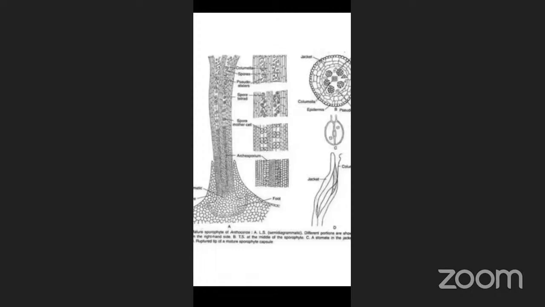The foot functions as an anchoring, supporting organ to absorb and fix in the gametophytic tissue. The seta is a small or longer, slender stalk-like structure, which helps in spore dispersal and connects the foot and capsule.